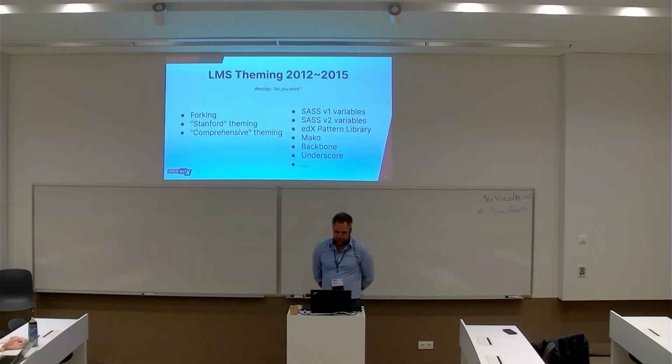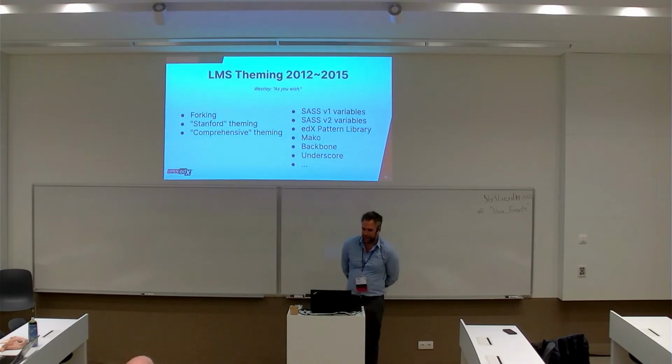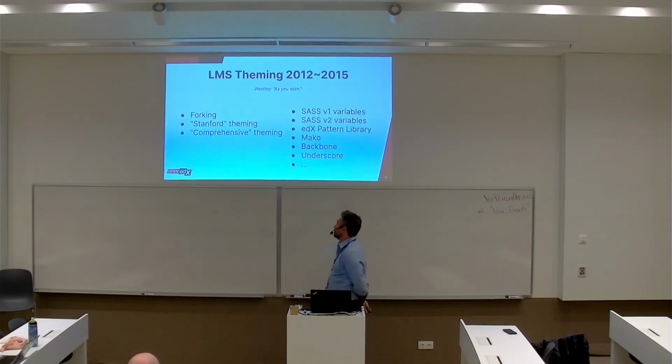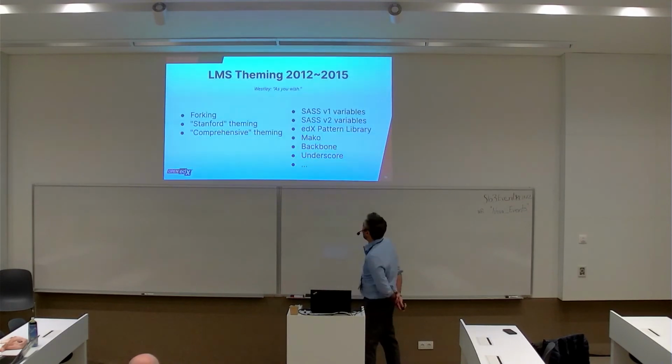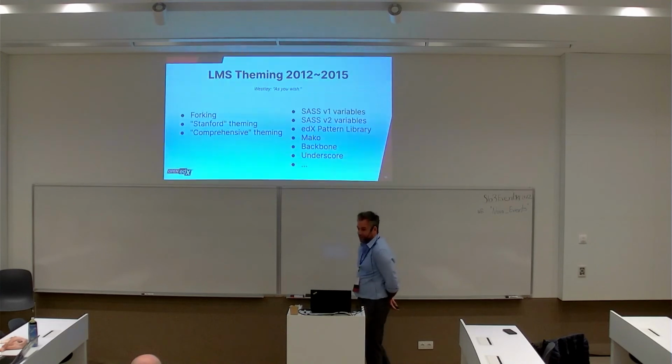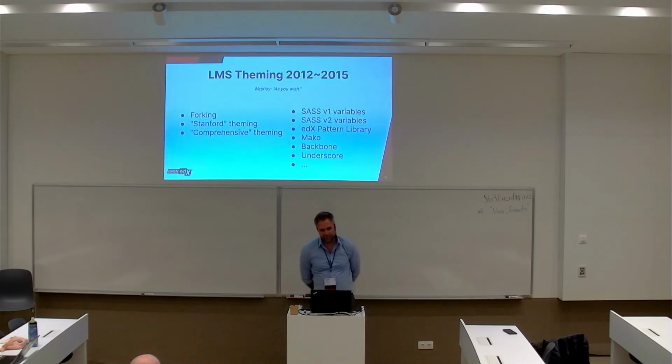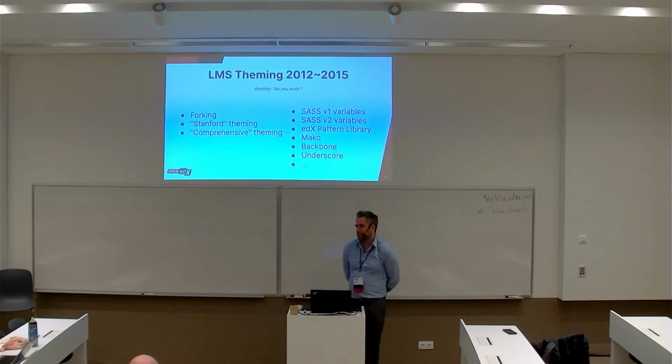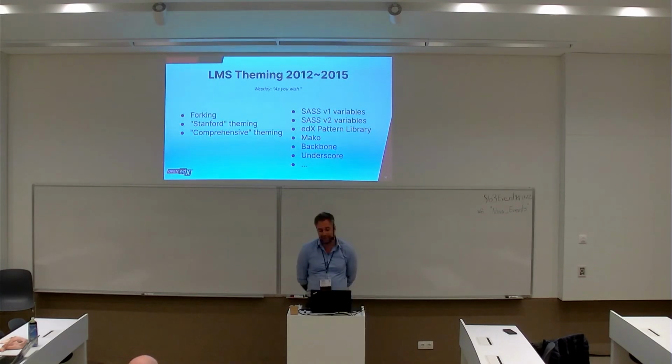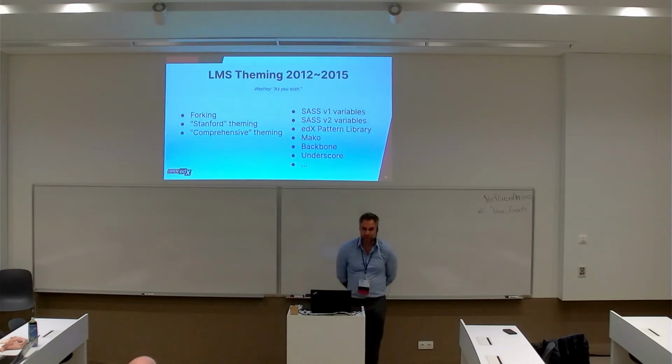So by 2015, if you wanted to customize the front end, you had to deal with one of the ones on the left, and you had to deal with all the ones on the right. If you picked comprehensive theming, you still had to deal with SASS v1 variables, SASS v2 variables, the edX pattern library, if your page happened to have that, of course Mako templates, backbone, underscore.